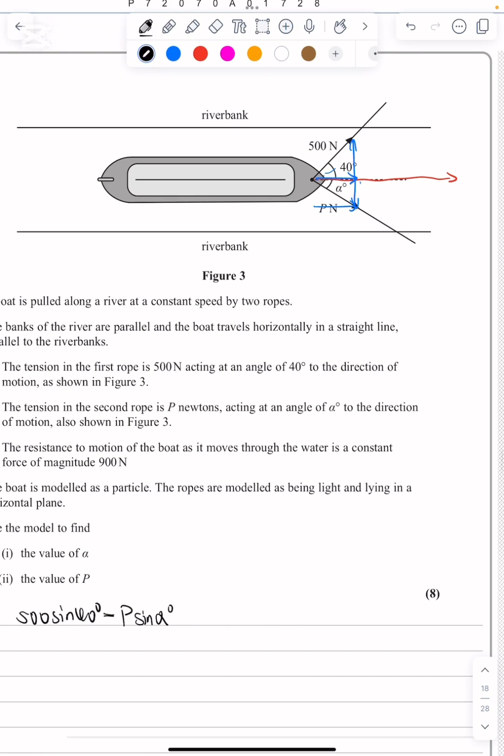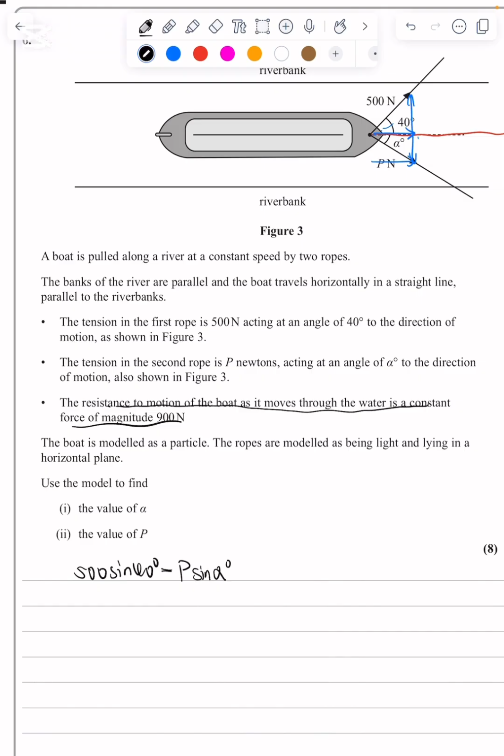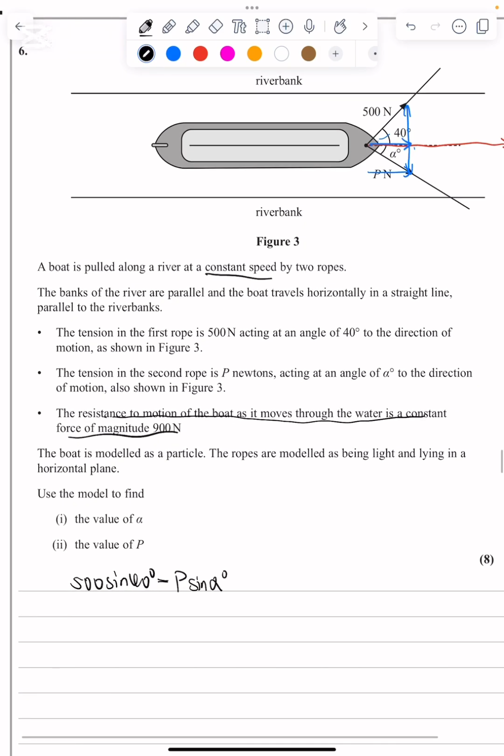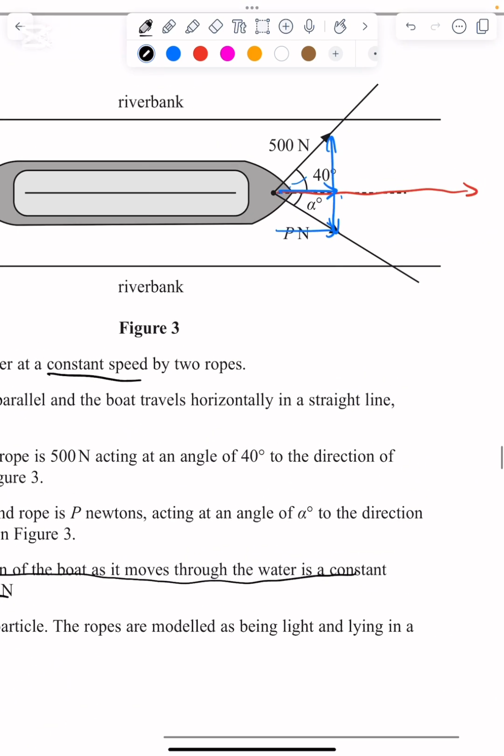And then it says the resistance to the motion of the boat as we move along is a constant force of magnitude 900 newtons. And since it is moving at a constant speed, right? So that means, how do I draw this? It's kind of messy here.